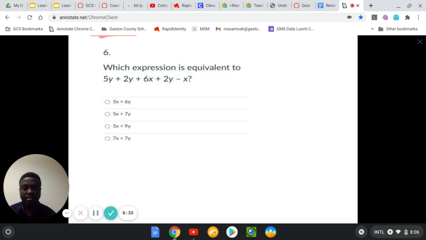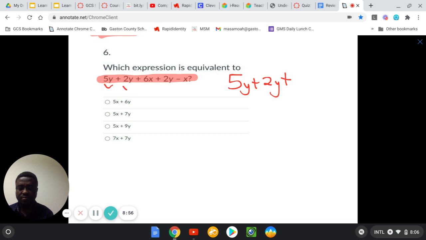So I'm going to rewrite my expression here and group the like terms. First of all, I group the y terms. So I have 5y plus 2y plus another 2y.